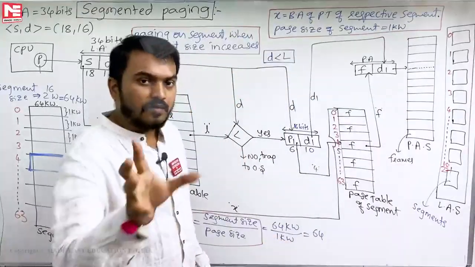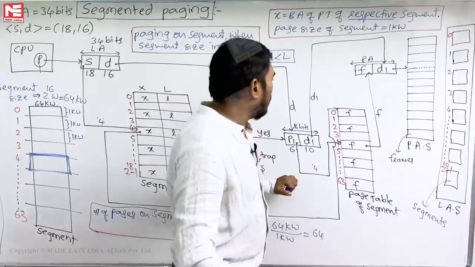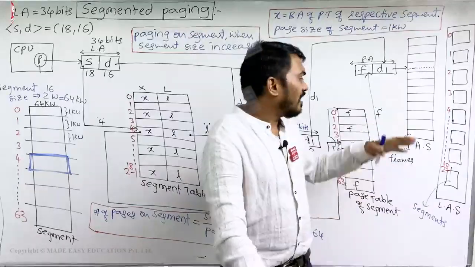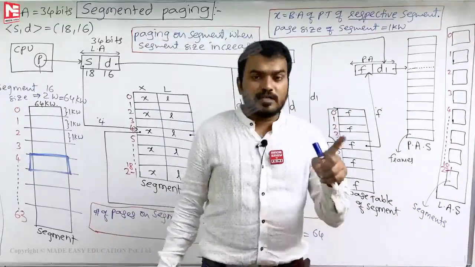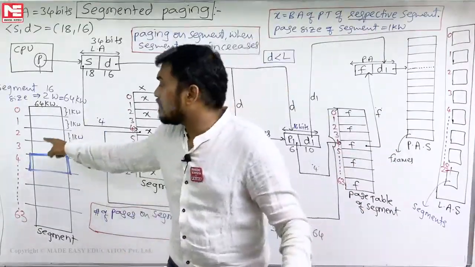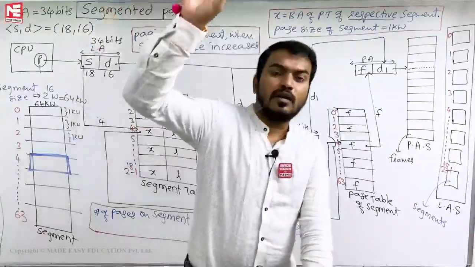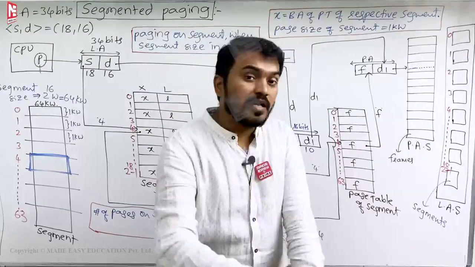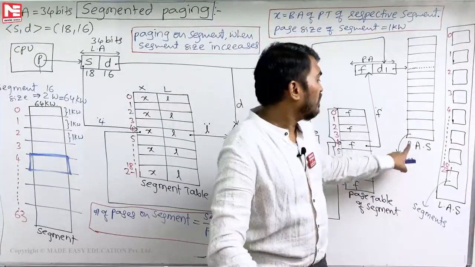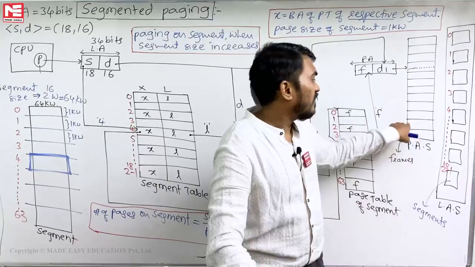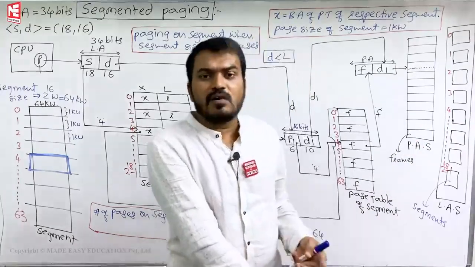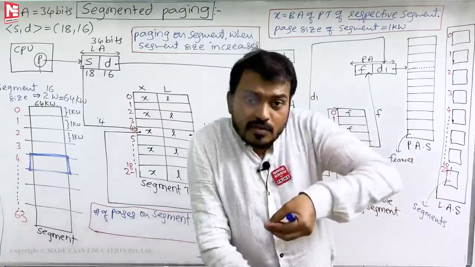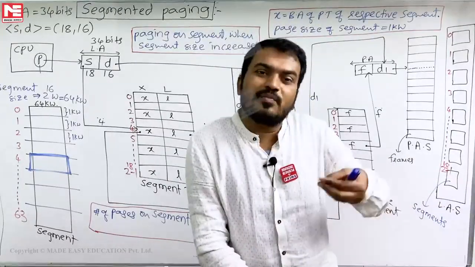So it means what? Now tell me, an important point next: what are you bringing into main memory? The entire segment or a page of segment? A page of segment. It means the page size of the segment is the same as the frame size of the PAS. Look, there are frames here. Frame size of the PAS, because pages of segment are brought into frames.